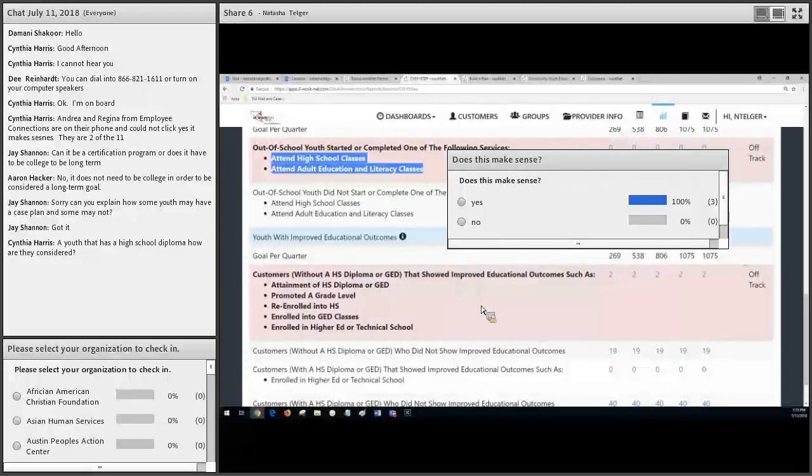So it's only counting those, again, customers that do not have a high school diploma or GED. So if all of your clients have a high school diploma or GED, then that performance measure is going to be not applicable to you because it's only counting those that do not have a high school diploma or GED.